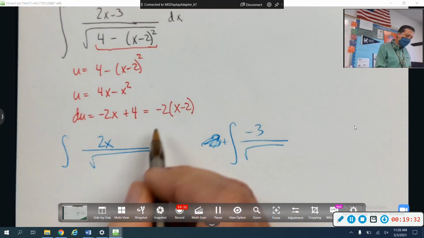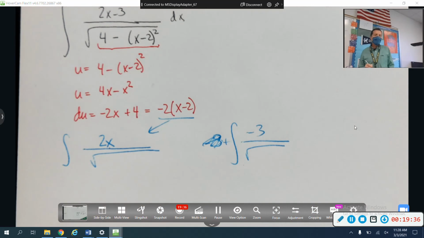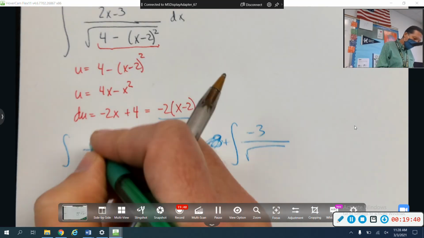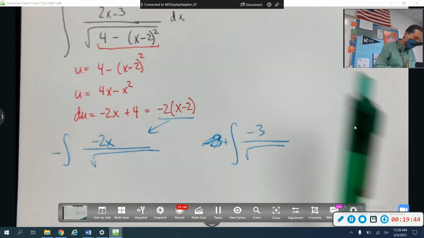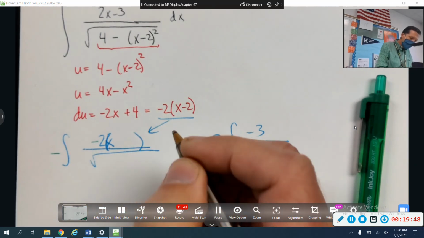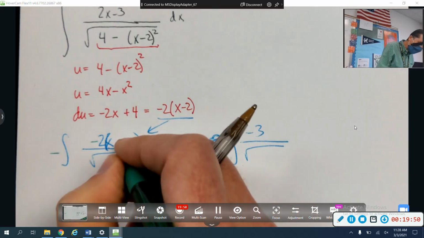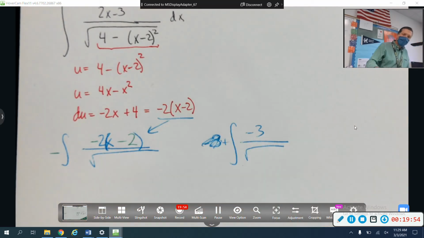All right, so I want my numerator of this one to be negative 2 times x minus 2. So I can put a minus on there, and then a minus out front to account for that. And a minus 2 in there. Oh my gosh, I've got negatives all over the place now.